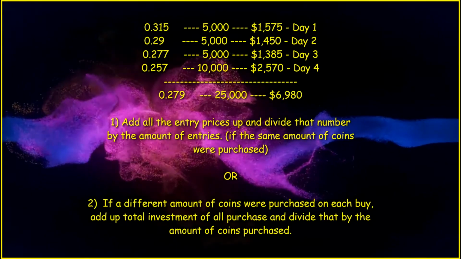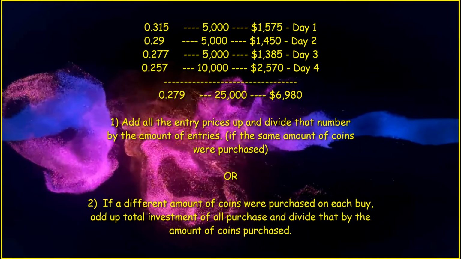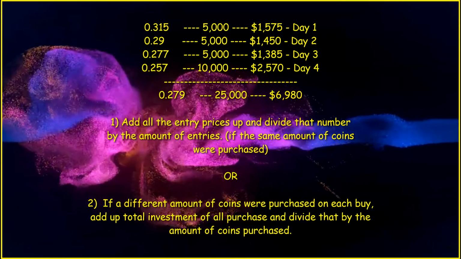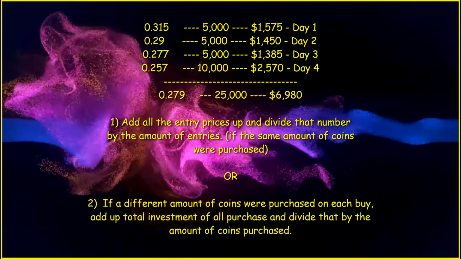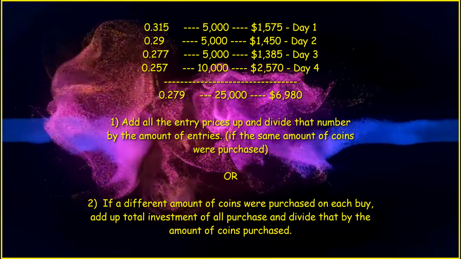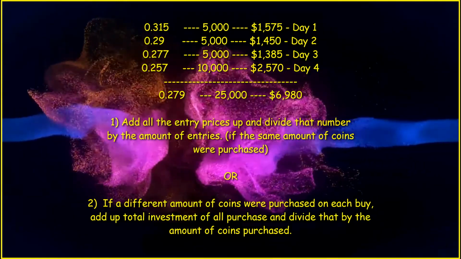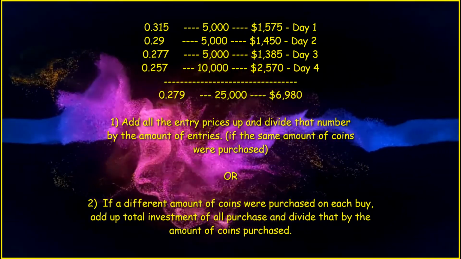Hey guys, so as you can see here, we're going to show you a breakdown of how to dollar cost average in appropriately and how to calculate it so you know exactly what your entry price is. We'll worry about the numbers in just a second, but I want you to focus on the number 1 here first, where it says add all the entry prices up and divide that number by the amount of entries.